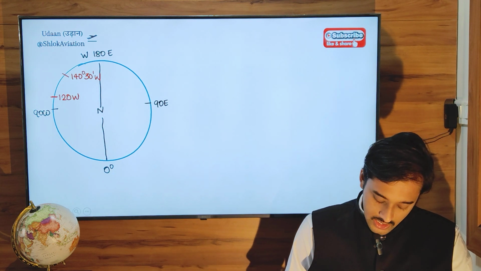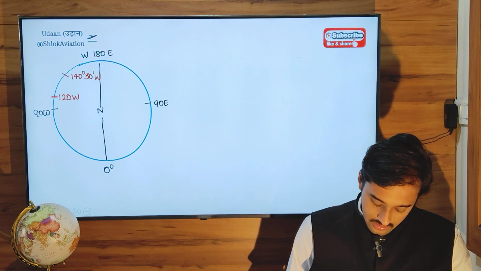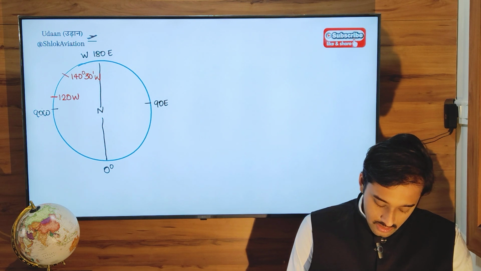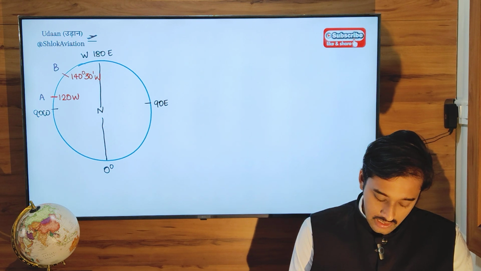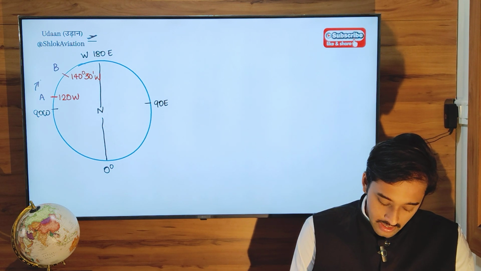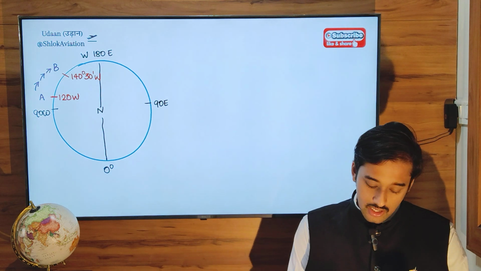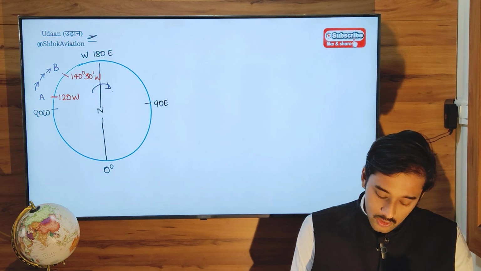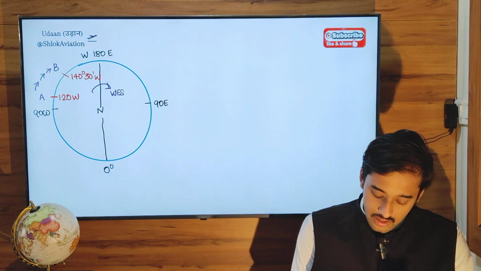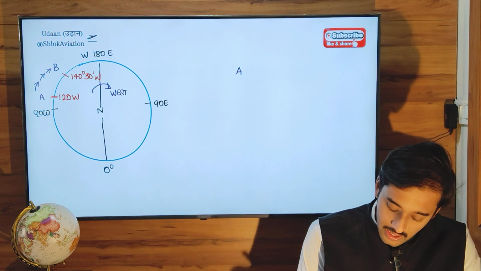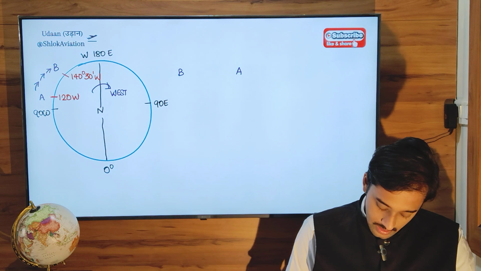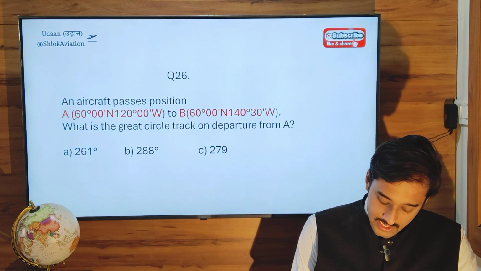So A is 120 west, B is 140 degrees 30 minutes west, and you are flying from A to B. What direction is this? This is a clockwise direction. So the direction of your flight from A to B is westerly. Both are at the same latitude.